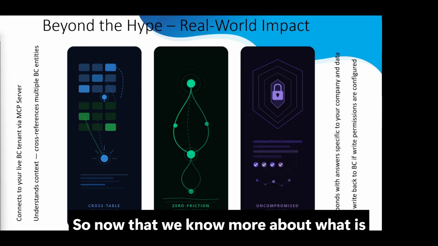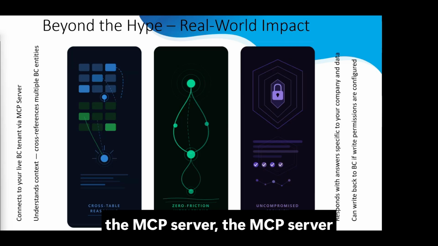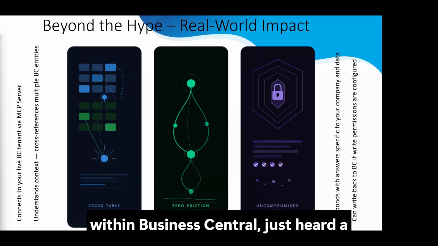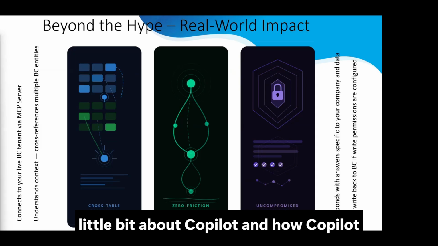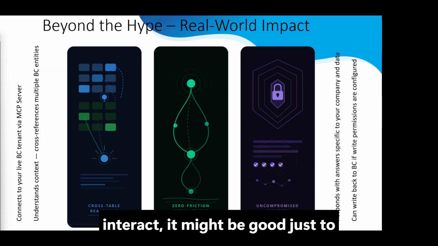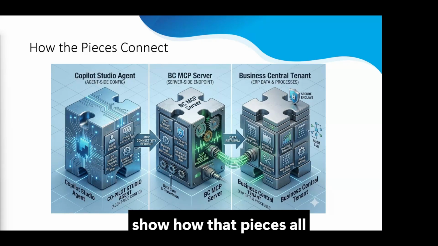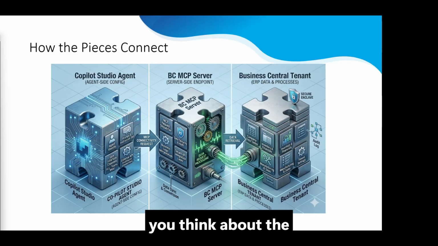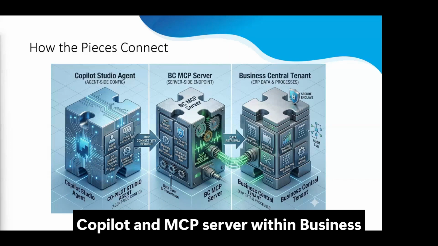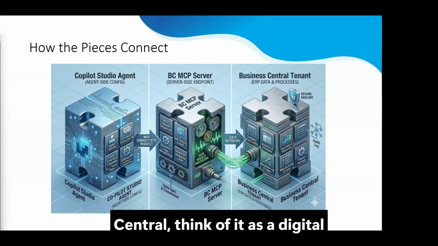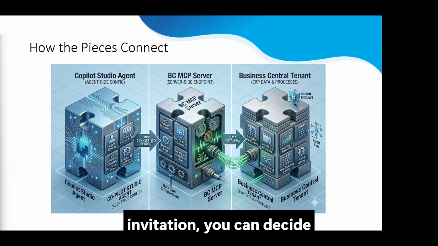So now that we know more about what the MCP server within Business Central is, and have heard a little bit about how Copilot interacts, it might be good to show how it all pieces together. Think of the Copilot and MCP server within Business Central as a digital invitation.